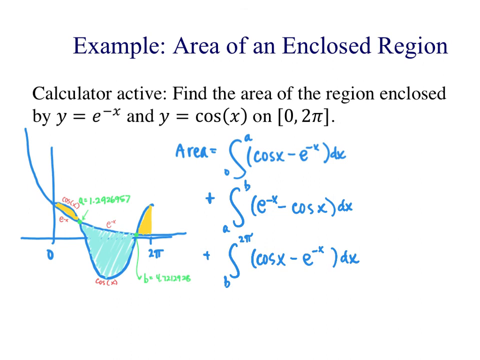You can do a Math 9 from 0 to a, remember, because you've stored alpha a in there, and then you'll have your cosine first, and then minus e to the negative x.